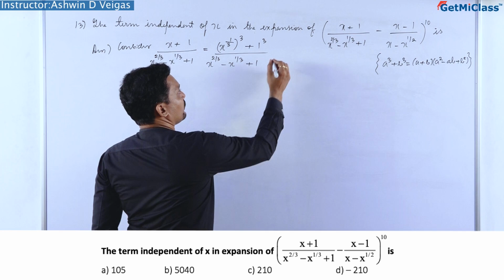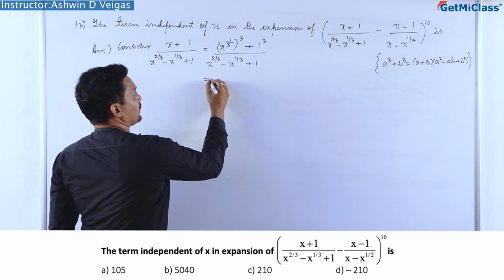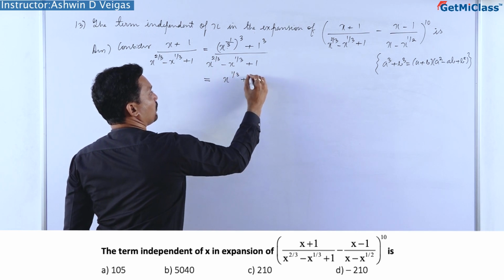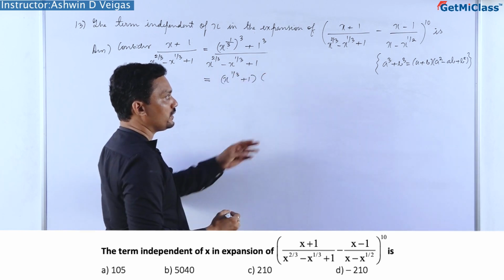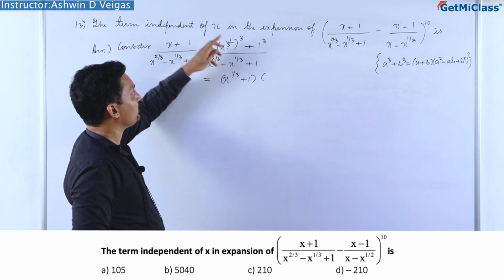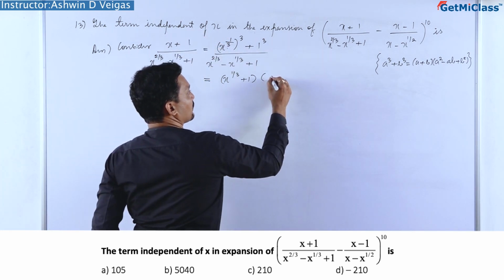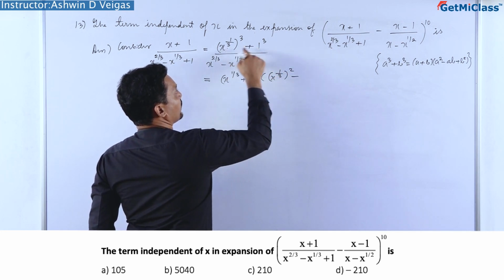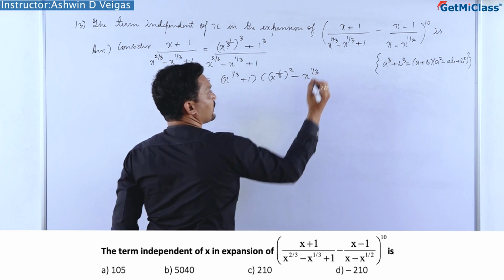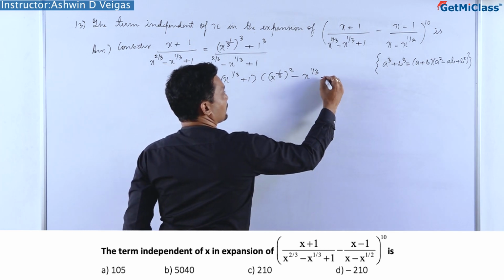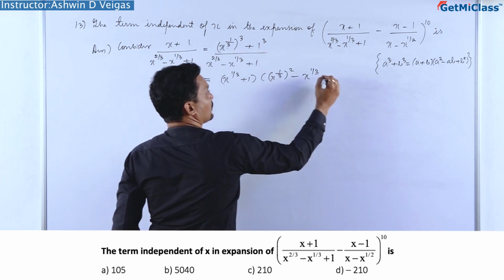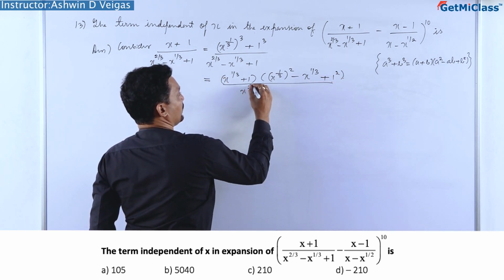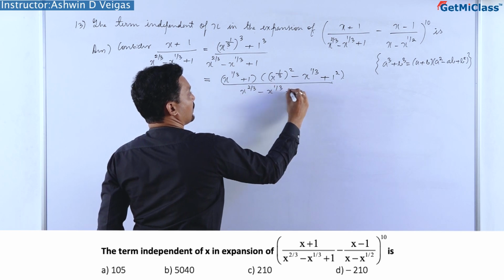Therefore, if you simplify this, a plus b is x power 1 by 3 plus 1, into a square. Now a is this, so a square, minus a into b, that is x power 1 by 3 into 1, that is x power 1 by 3, plus b square, b is 1, so 1 square, divided by x power 2 by 3 minus x power 1 by 3 plus 1.